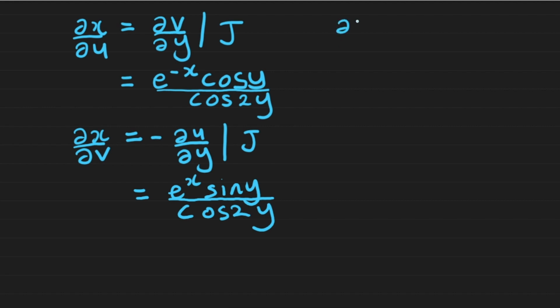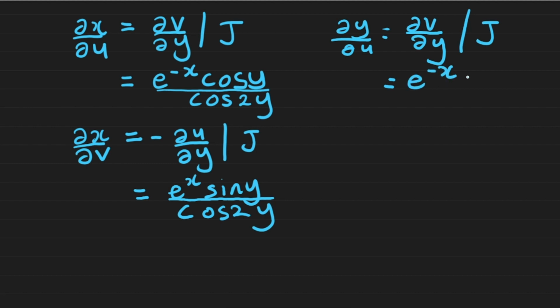The last two is dy du, and the formula for that is dv dy divided by the Jacobian, which is e to the power minus x sine y divided by cos of 2y.